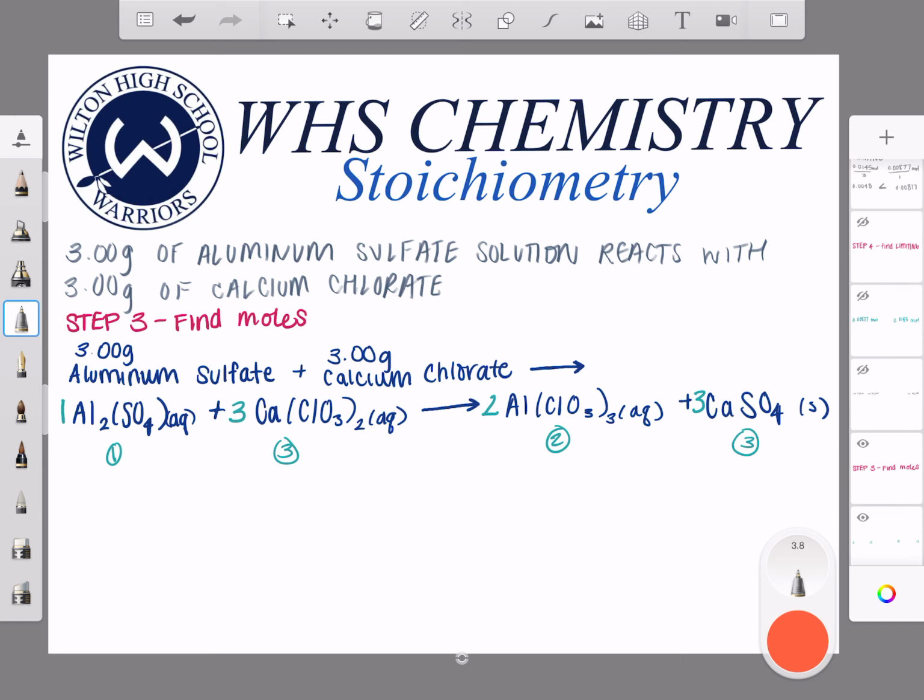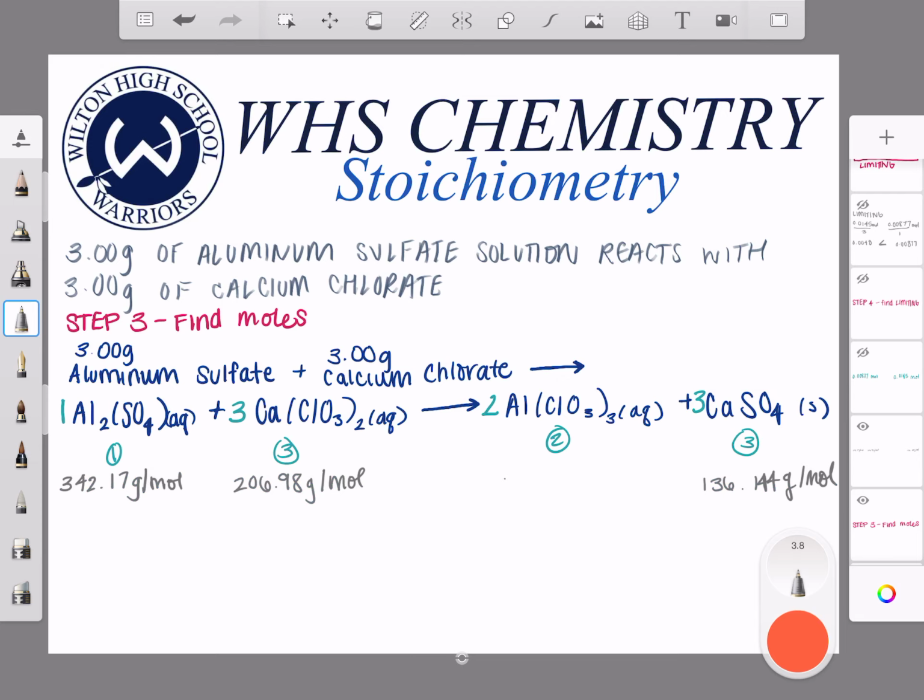In order to find moles, we're given grams in our problem. If we want to go from grams to moles, we have to use the molar mass. Here I have calculated the molar masses of our substances, and I've written them underneath to help organize my problem.